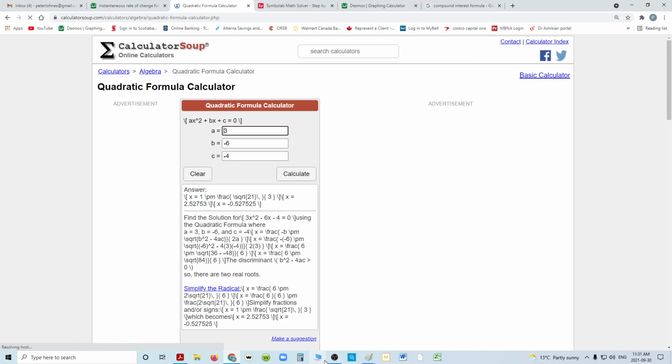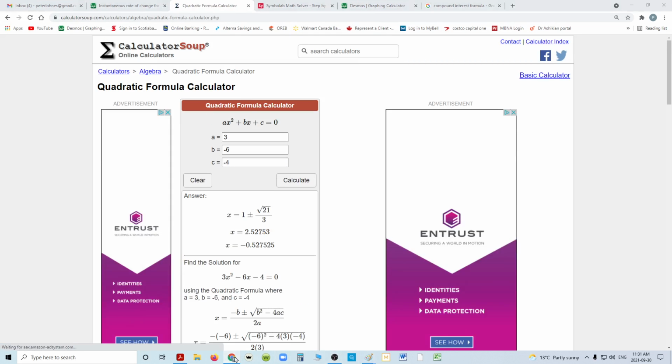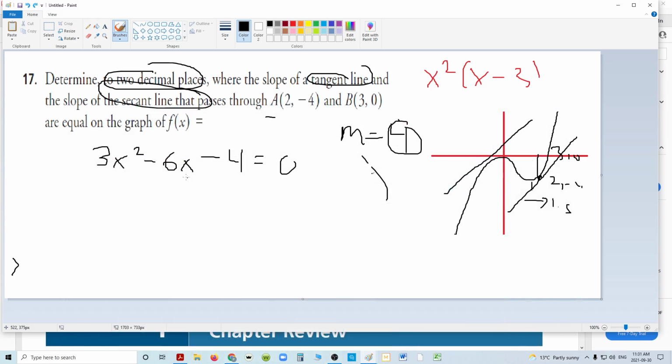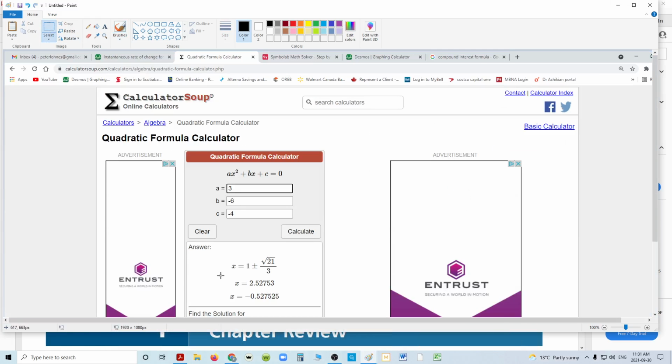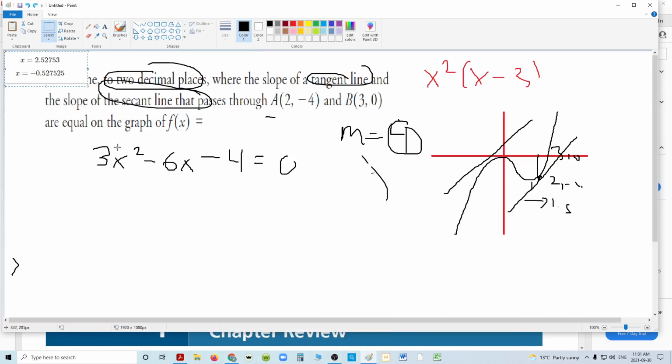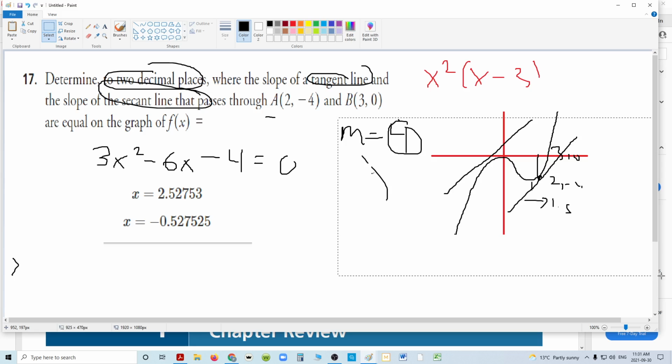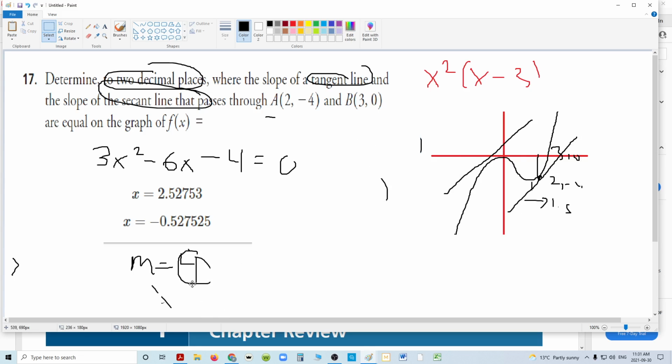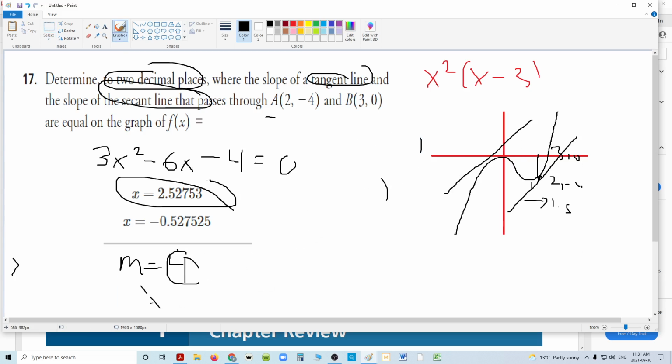And I'm going to calculate. I'm going to make sure I got the right ones before I grab those. 3, minus 6, and minus 4. And it gives me 2 solutions for this quadratic. Good. That means the m is going to be 4 for 2 rates of change when x is 2.52 and when x is negative 0.52.